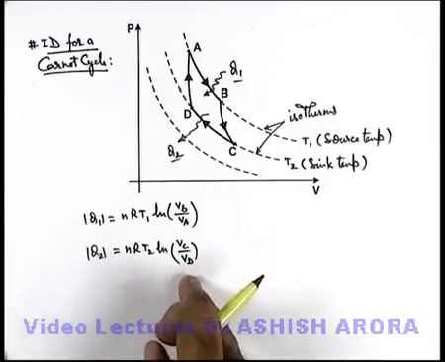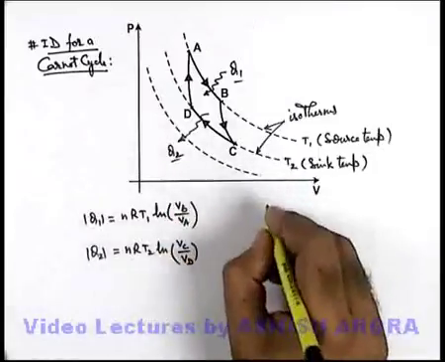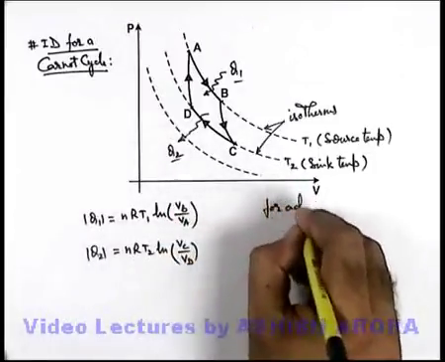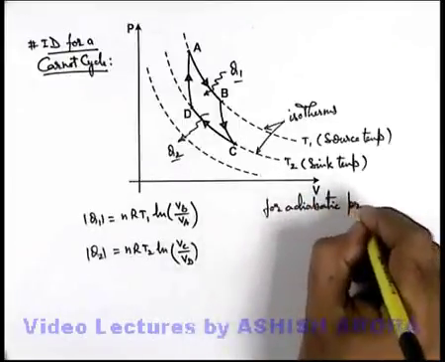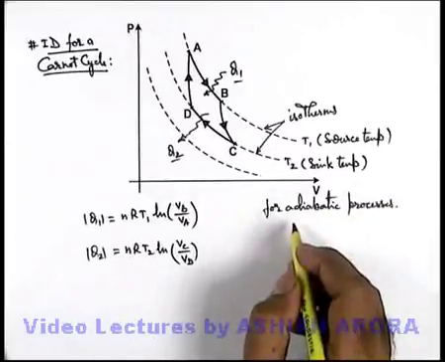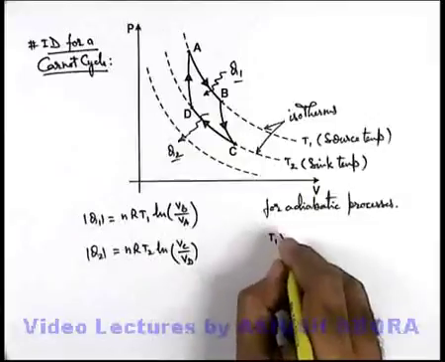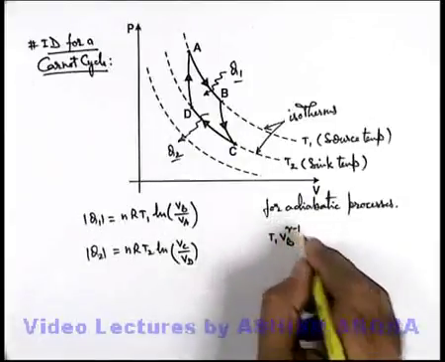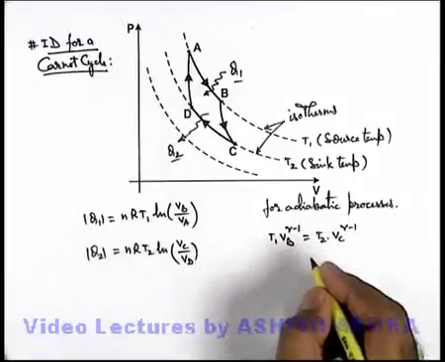Now we can easily relate Vb, Va, Vc and Vd using the adiabatic processes. Between states B and C, we can write T1 into Vb to power gamma minus 1 is equal to T2 into Vc to power gamma minus 1.